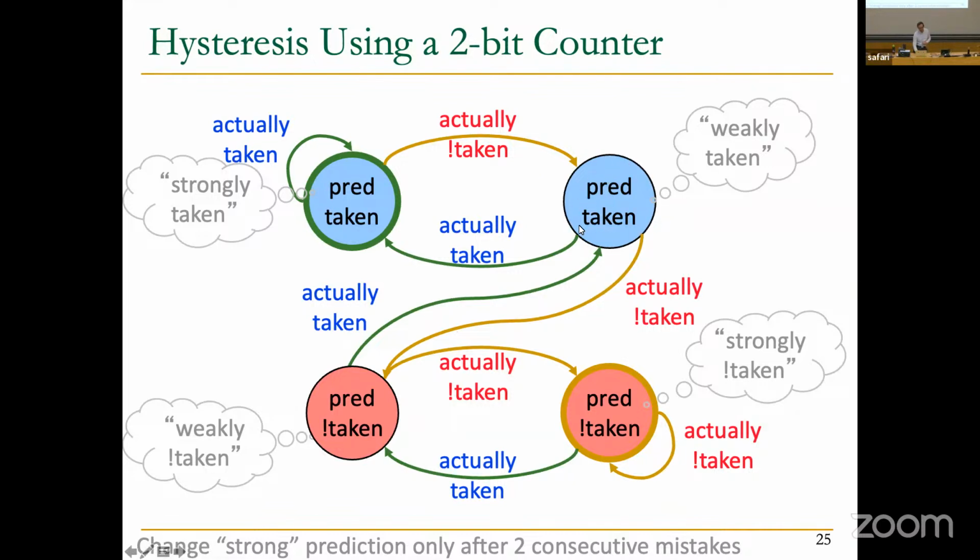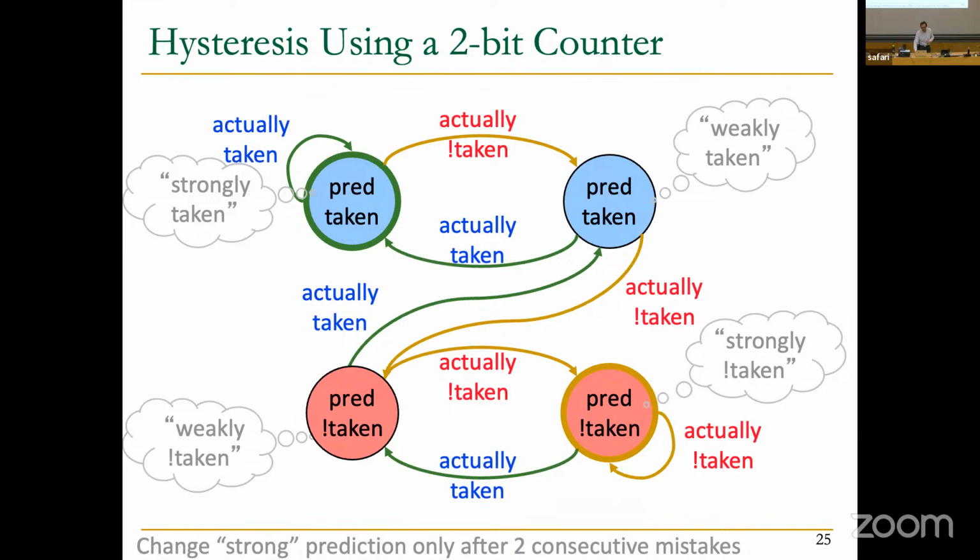If the branch is actually taken, you go to a predicted taken state that's much more strongly taken, which indicates that the last 2 outcomes, or at least the last 2 outcomes, were taken. Okay, so strongly taken means that at least the last 2 outcomes were taken. So don't change your mind with 1 opposing outcome. So you see the branch and the prediction is in this state. You predict the branch as taken. If it's actually taken, you stay in the state because we only have 2-bit counters, right?